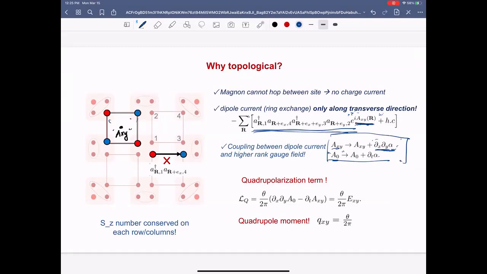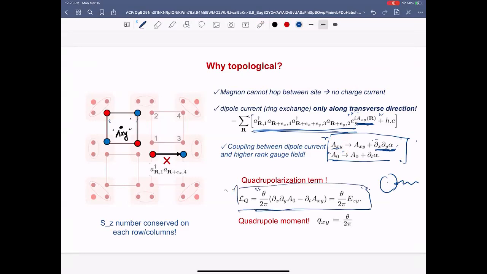So once we gauge the subsystem U1 symmetry, there are two types of gauge potential we can write down. If we only consider the leading order, the tadpole diagram, the lowest order term we can write down, which is gauge invariant under this gauge transformation, is this term, which I will call the quadrupolarization term.